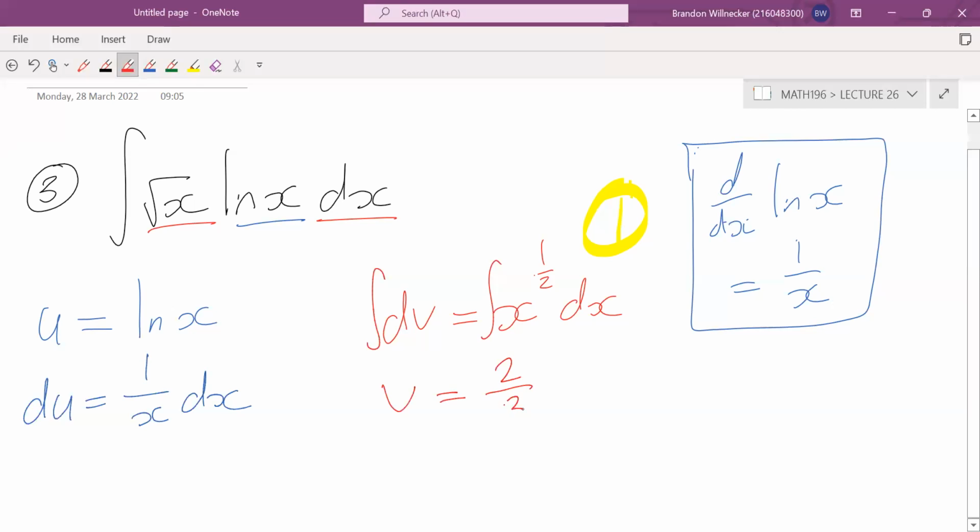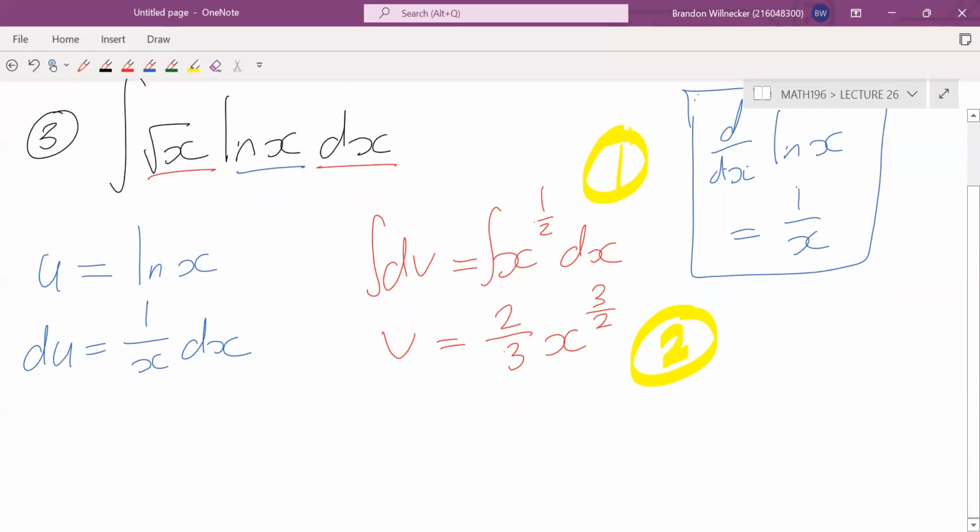Divide, so we get 2 over 3 x to the 3 over 2. Okay, so that's step 2. We find those two things, and then we substitute into the formula. So we have the integral u dv is equal to uv minus the integral v du.